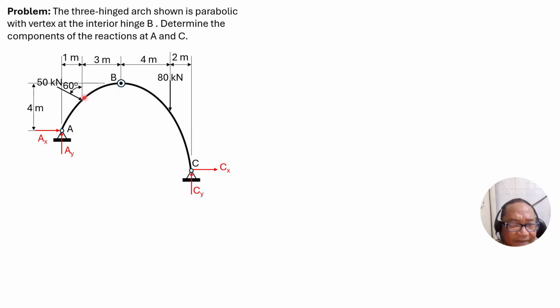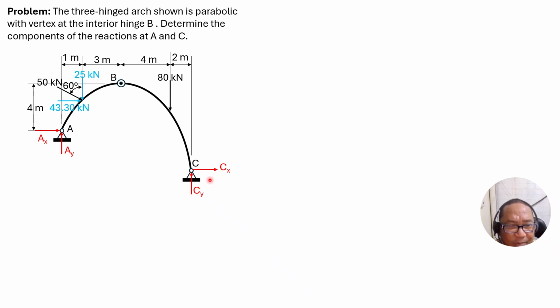Let us resolve 50 into two components. The horizontal component is 50 sine 60 degrees, and that is 43.3 kilonewtons rightward. And the vertical component is 50 cosine 60, 25 kilonewtons downward as shown.